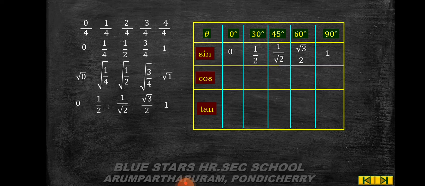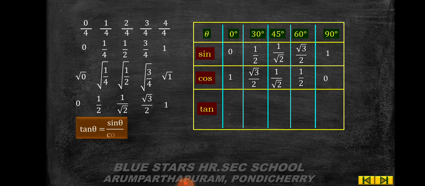We are just writing the values we found earlier. Then cos 0 degree is 1, cos 30 degree is root 3 by 2, cos 45 degree is 1 by root 2 and cos 60 degree is 1 by 2. Finally cos 90 degree is 0.